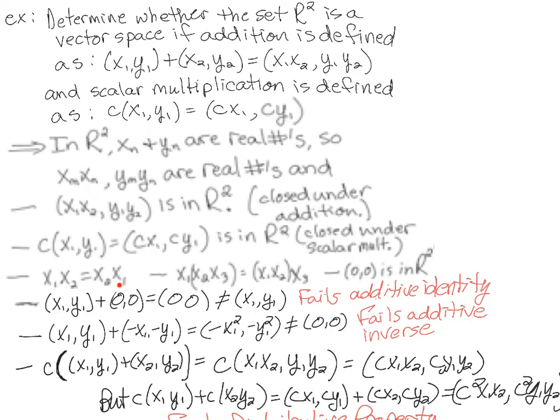Each of the points will be the same, whether it's x1, x2 or x2, x1, or y1, y2 or y2, y1. So it doesn't matter which one you go first.